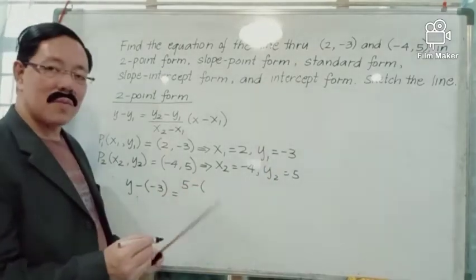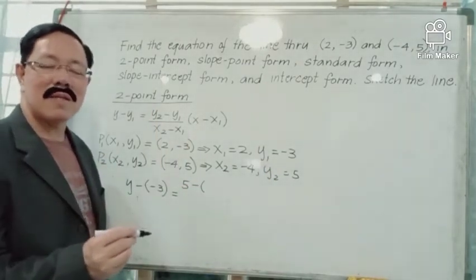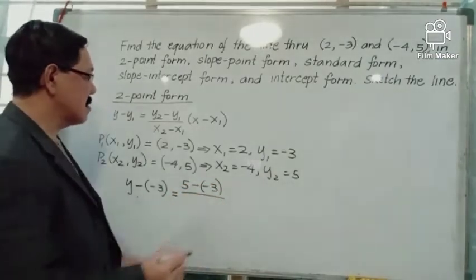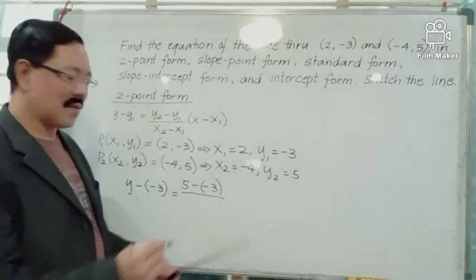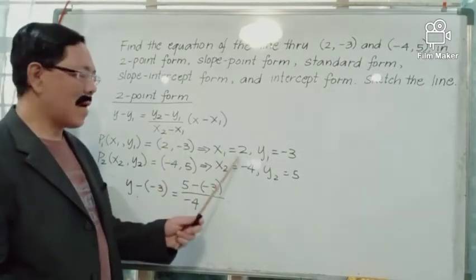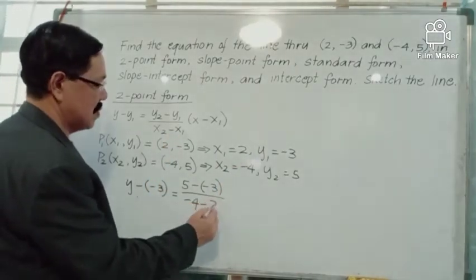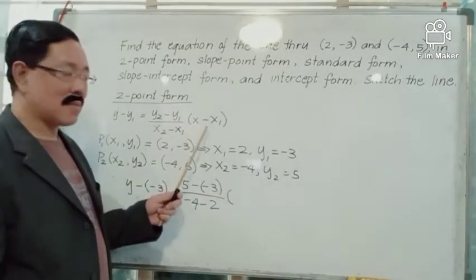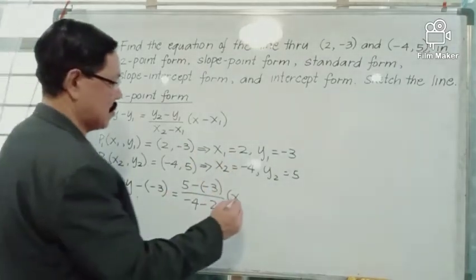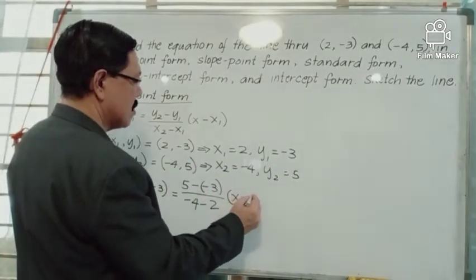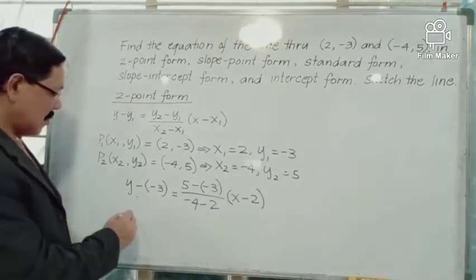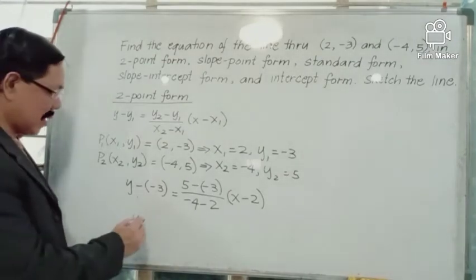Because y1 is negative, we write it in open-close parentheses, -3, over x2, x2 is -4, minus x1, x1 is 2. Multiply by the quantity x minus x1, x1 is 2, minus 2. Or we simplify, we have y, negative and negative is positive.